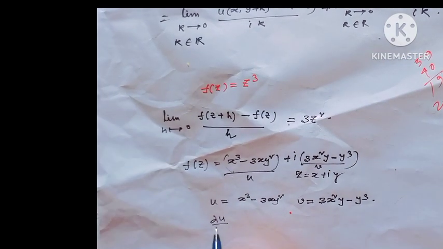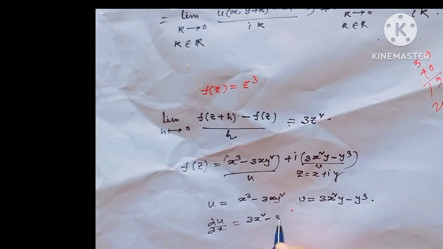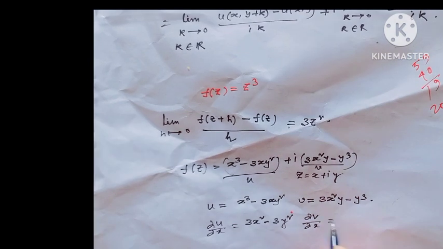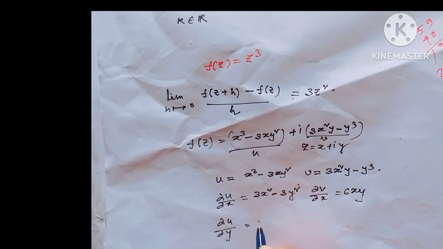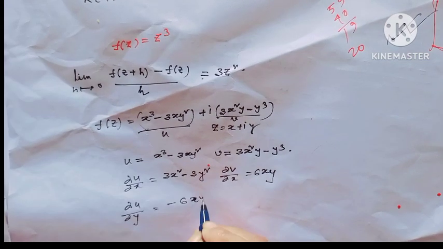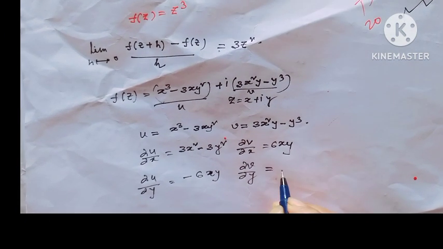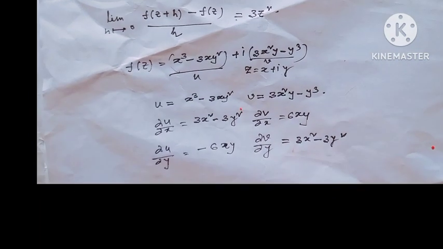Then del u del x equal to 3x square minus 3y square and del v del x equal to 6xy. Del u del y equal to minus 6xy and del v del y equal to 3x square minus 3y square.